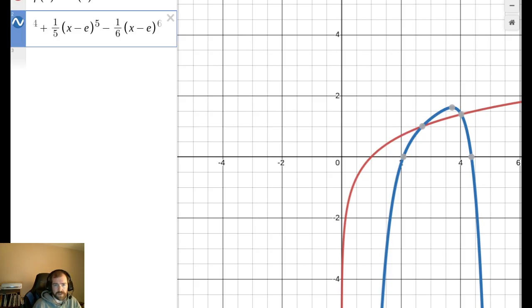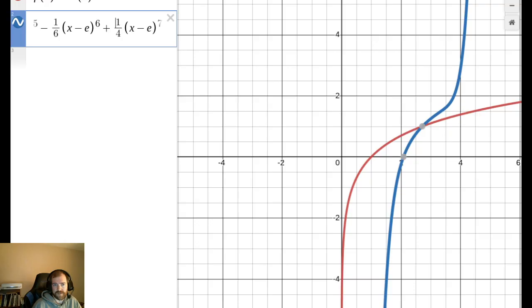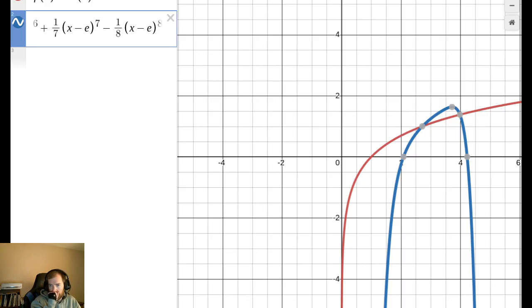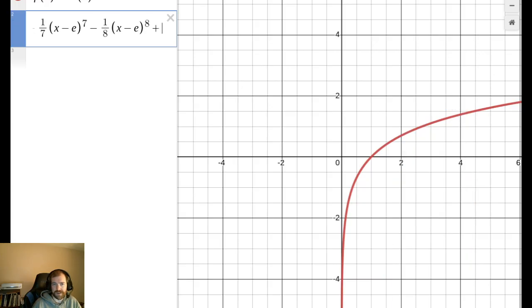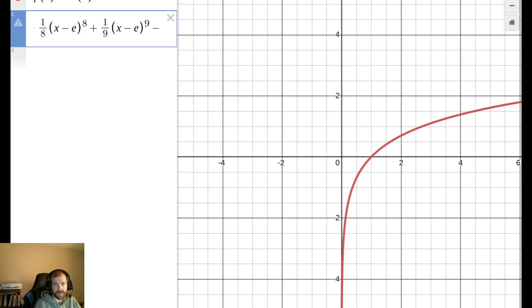Yeah, this is going to be pretty slow. Plus, paste, change for 7. Minus, paste, 8. So it is very slowly reaching out closer. It's one of the problems with Taylor, is that they do get very slow eventually.